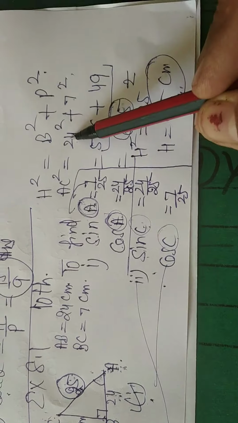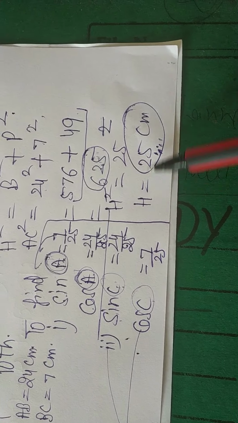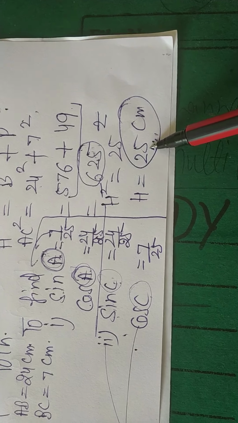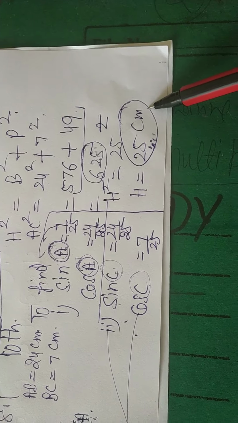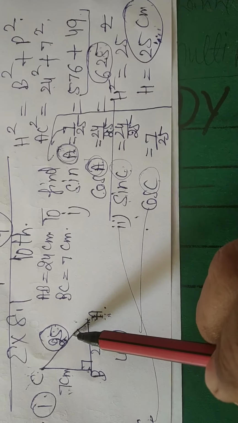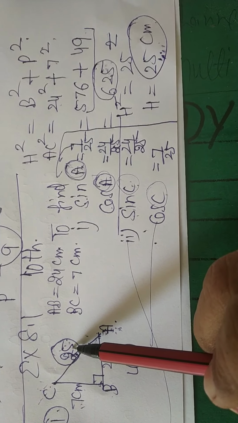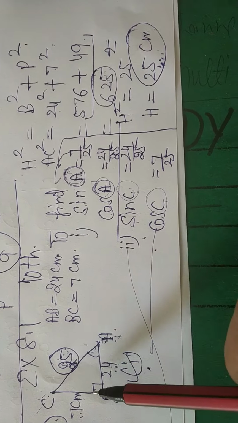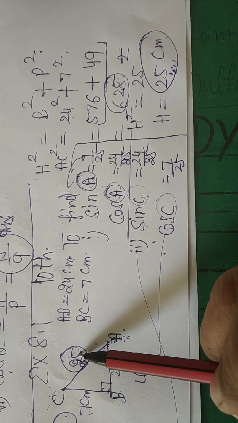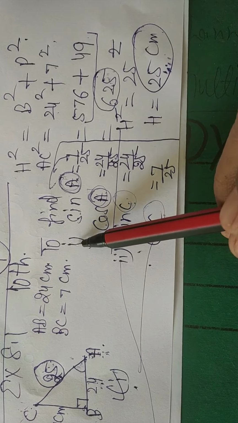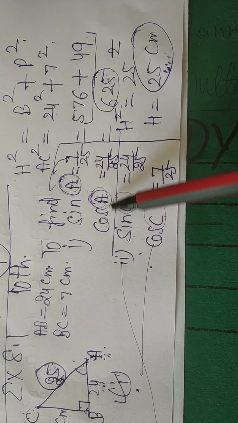So square and square root cancel, and I get h equal to 25 centimeter, and immediately I will shift it in the figure. This is 25, the hypotenuse. Now I have to find out number 1, sine A and cos A.